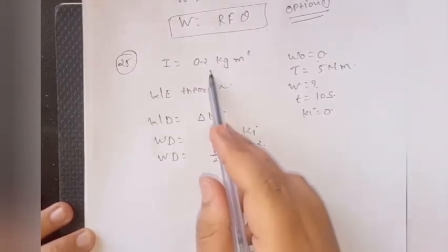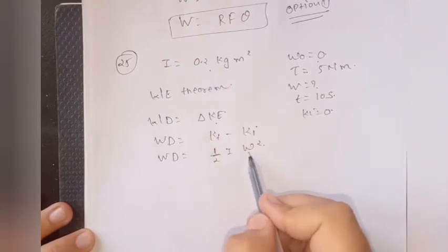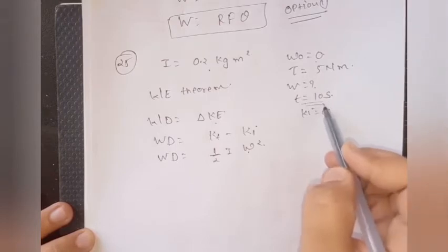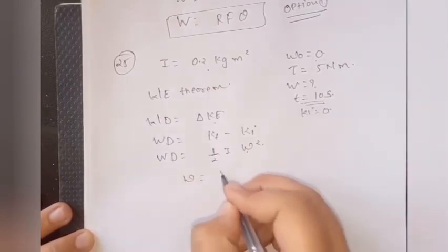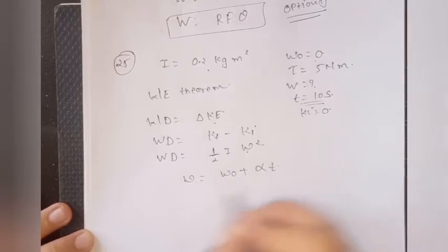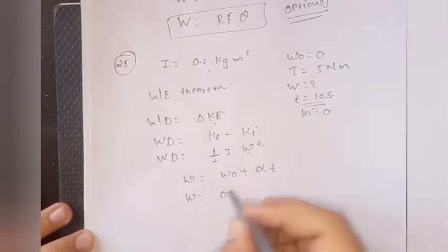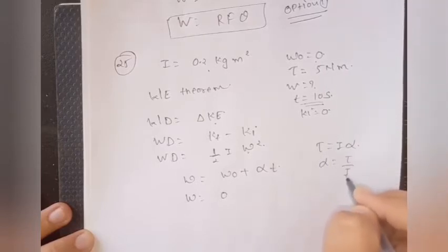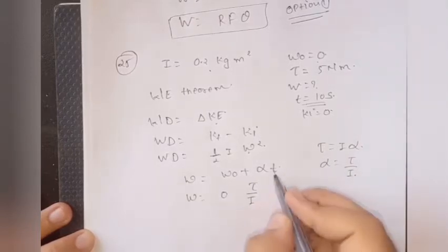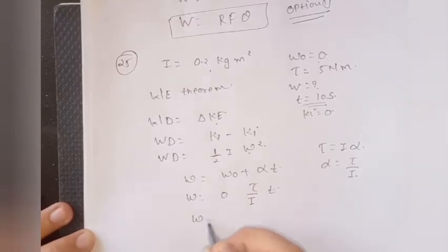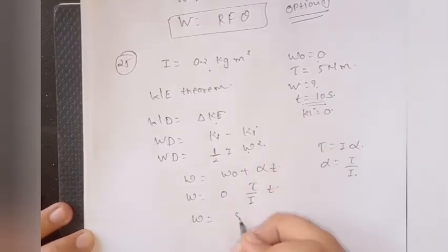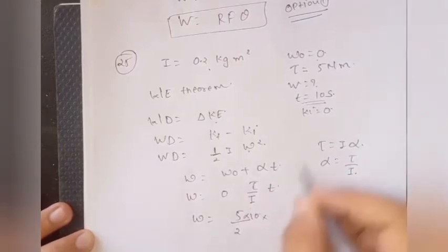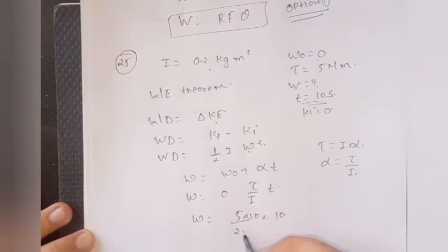We know the moment of inertia of the flywheel, so now we have to find the final velocity of the flywheel after 10 seconds. We can use this formula, omega is equal to omega naught plus alpha t. Omega naught is 0. Now we know tau is equal to I alpha, so alpha will be tau divided by I. So omega is tau divided by I into t. Torque is given as 5, moment of inertia is 0.2, into time 10 seconds.